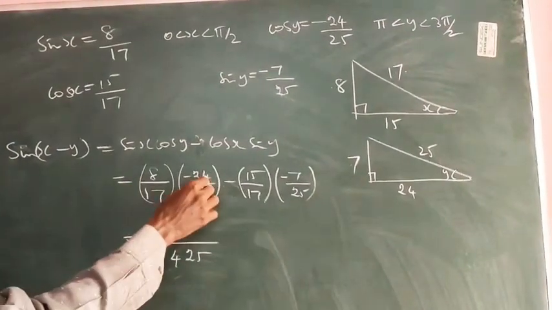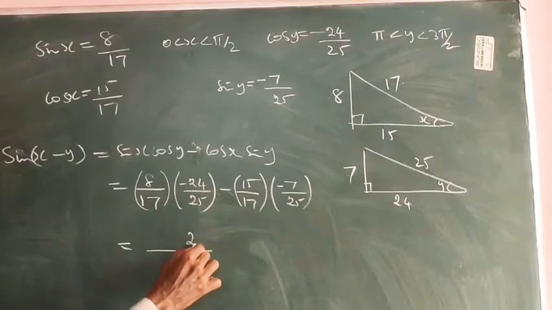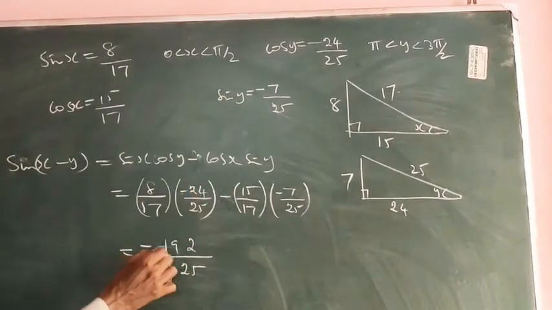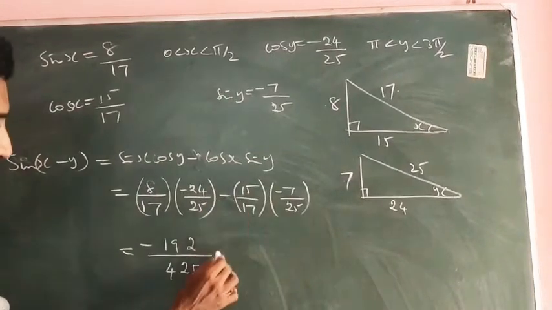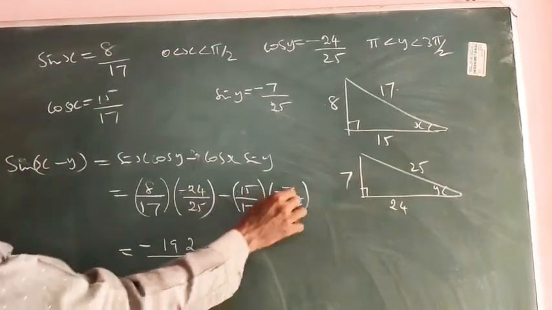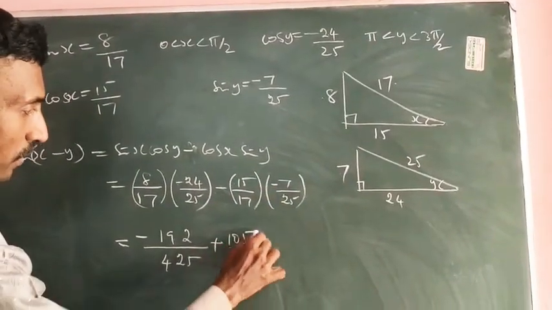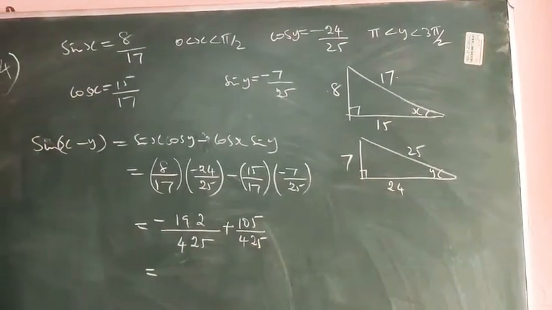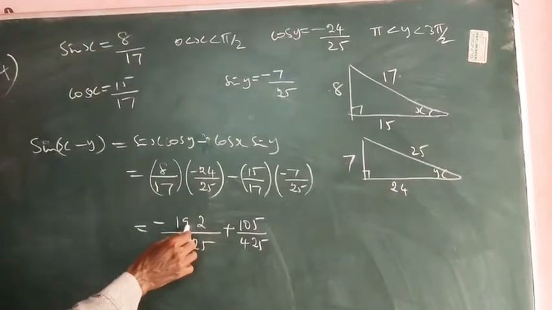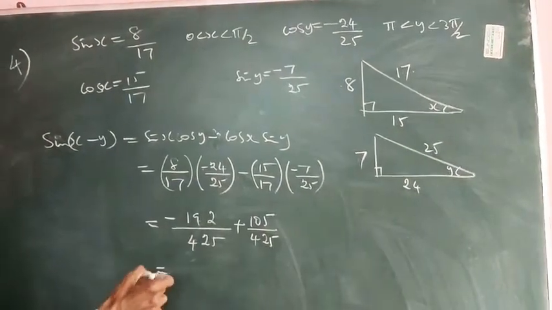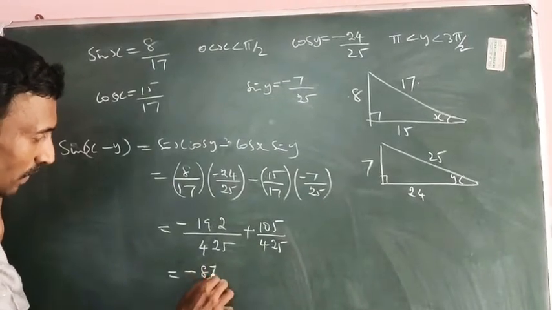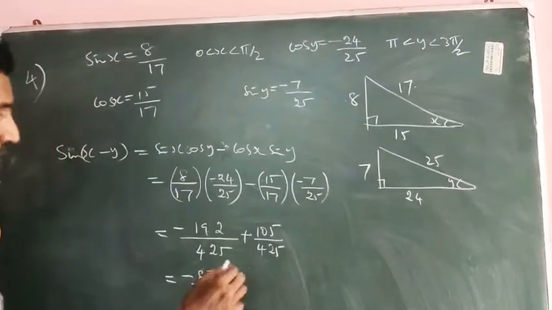So 8 into 24, 192, minus, don't forget the sign, minus 192. Here minus into minus is plus. So 7 fifteens are 105 by 425, same denominator. So we can subtract. So 192 minus 105, minus 87 by 425.